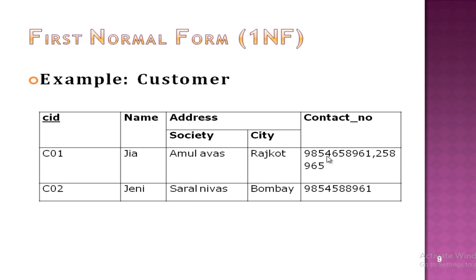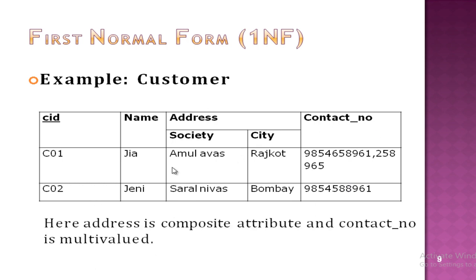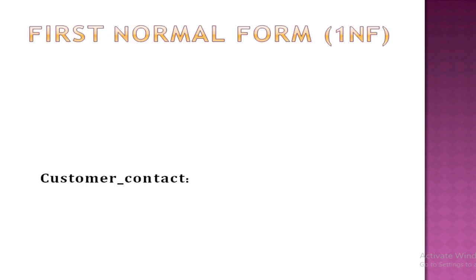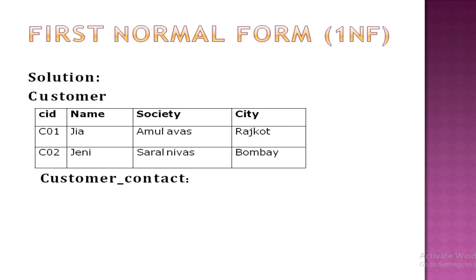Contact numbers are 9854658961 and 258965, then 985458588961. So these are the contact numbers. How do we bifurcate this composite value attribute and multi-value attribute? Here the solution is that the customer table contains customer ID, name, society and city.